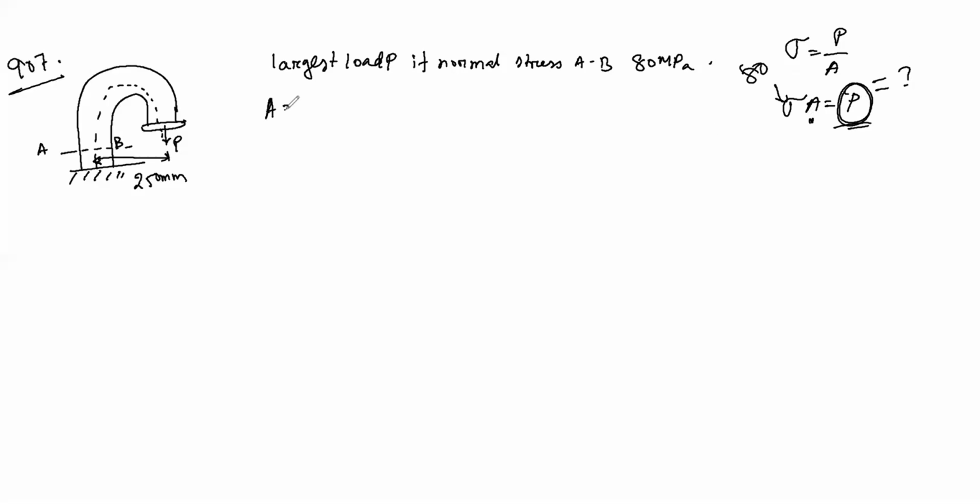So A বের করে ফেলি, A কি pi r square, okay, pi r square, আর এখানে দেয়া আছে dia হচ্ছে 100 millimeter, that means r equals to 50, so pi 50 square, right? So 2500 pi, এই হচ্ছে আমার A, okay.